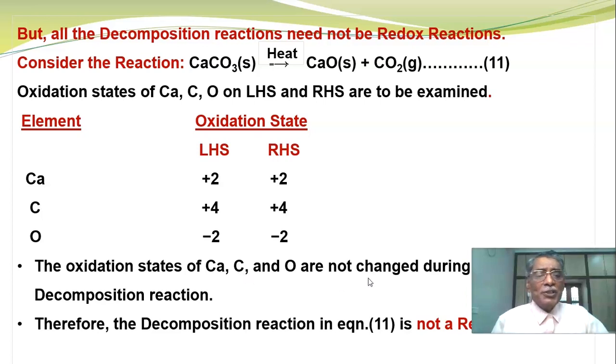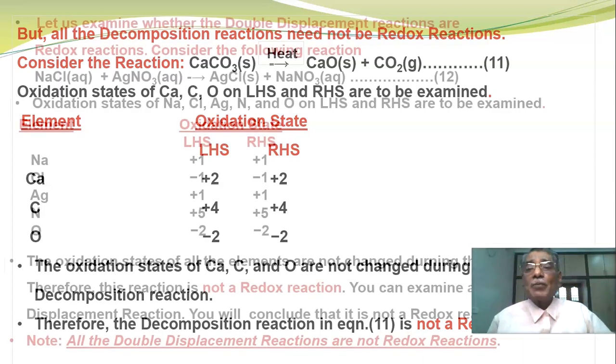They are not changed during this decomposition reaction. Therefore, the decomposition reaction given in equation 11 is not a redox reaction. What does it mean now? Some of the decomposition reactions may be redox reactions, but all the decomposition reactions need not be redox reactions.